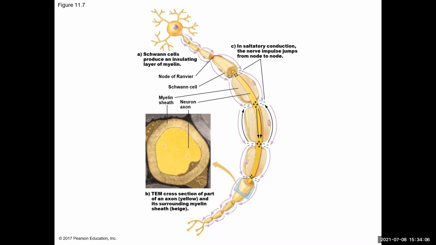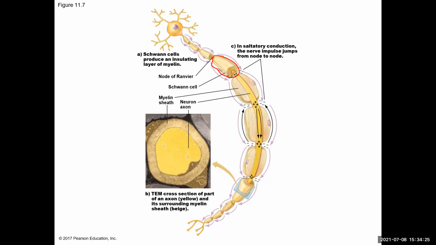So these cells here are the glial cells, the Schwann cells or your oligodendrocytes. And this is a layer of myelin, what's known as the myelin sheaths, that's insulating the neuron.